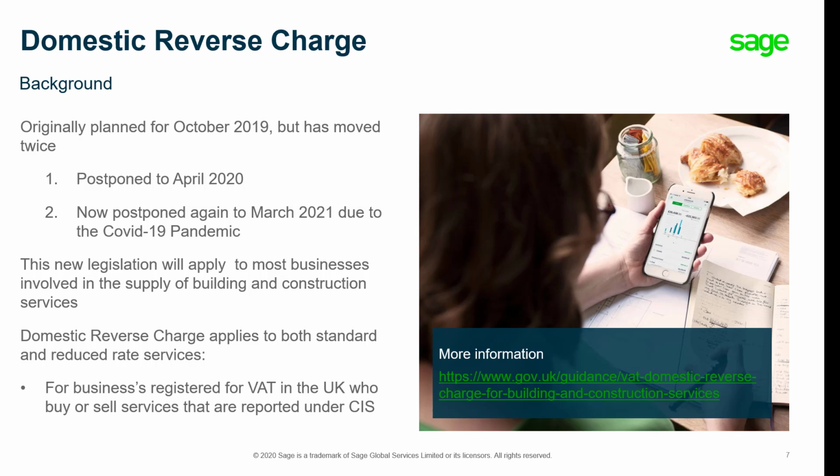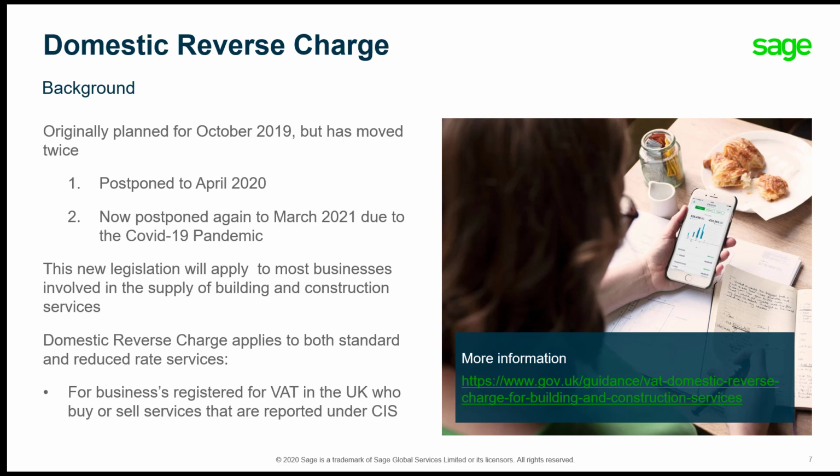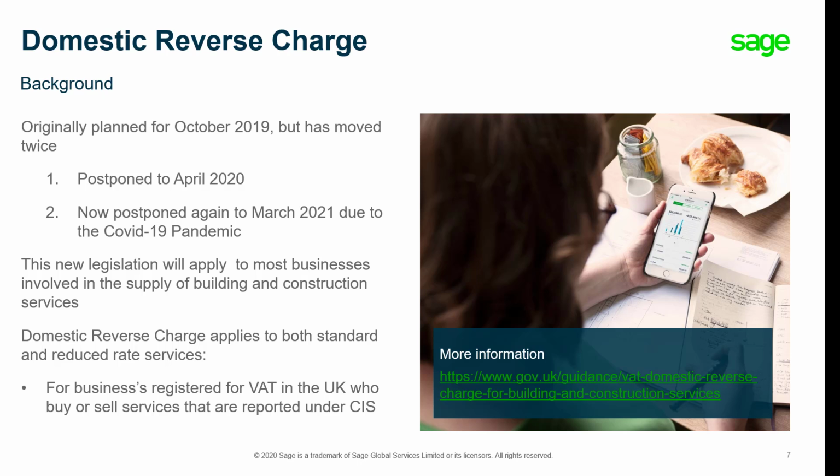Due to the COVID-19 pandemic, along with everything else, it was postponed for a further 11 months to March the 1st, 2021. This new legislation will apply to most businesses involved in the construction services. And domestic reverse charge applies to both standard and reduced rate services. It's for businesses registered for VAT in the UK who are reported under the CIS scheme.